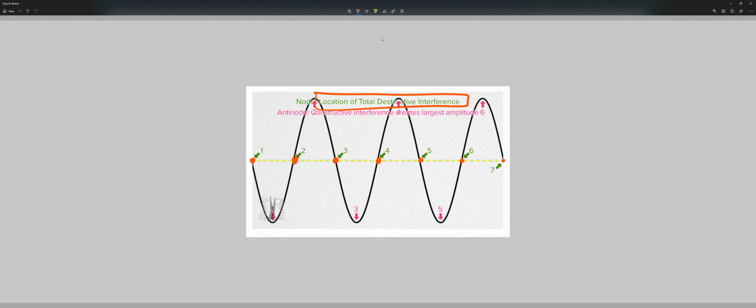And antinodes, this is one antinode, two, three, four, five, six. There are 6 antinodes here.